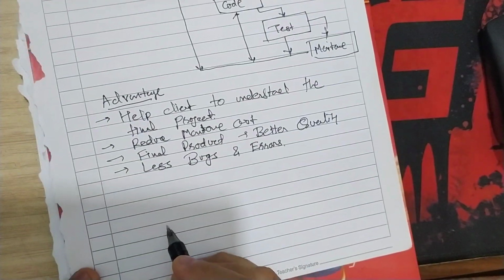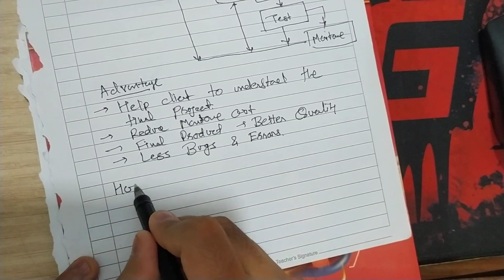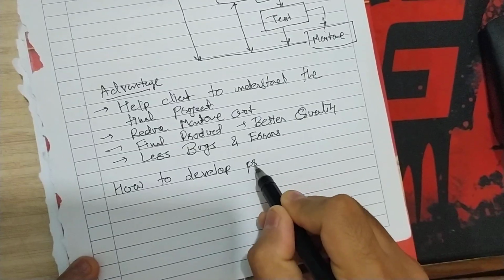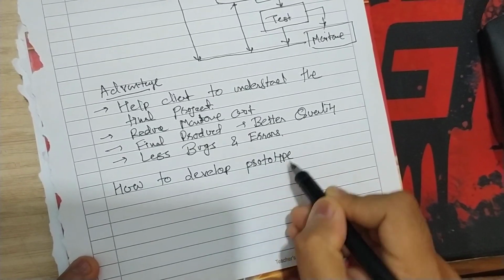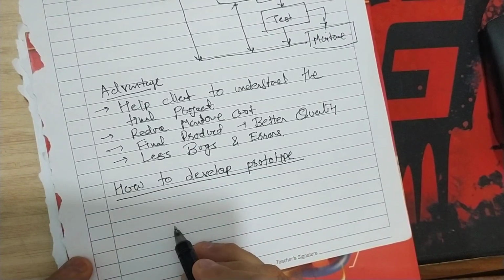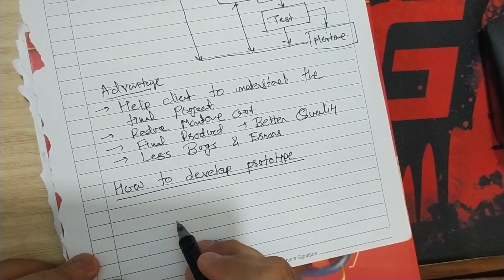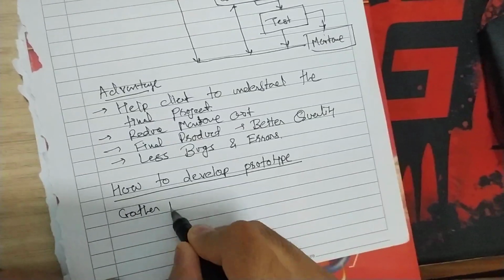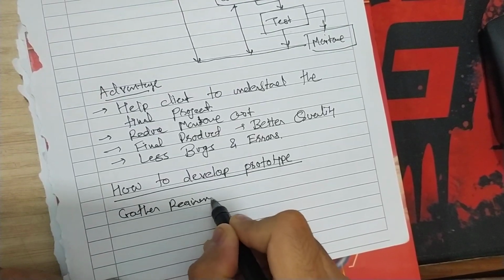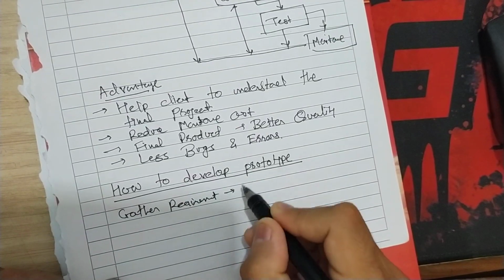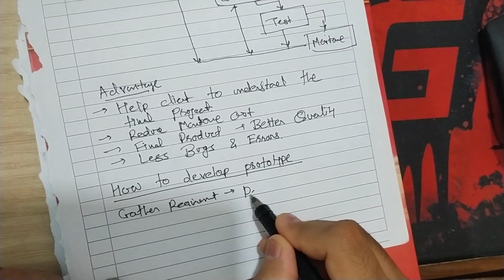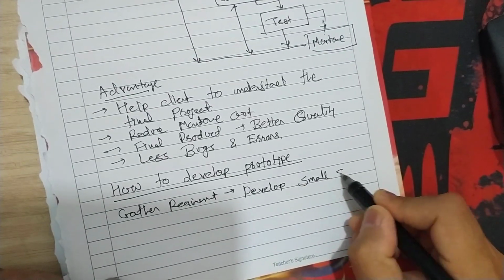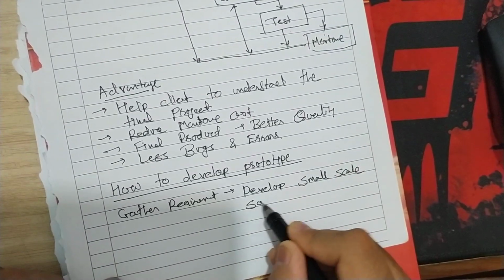Next thing is how we can develop the prototype. The prototype is developed by gathering the requirements from the user. First, gather requirements, and then develop a small scale software.